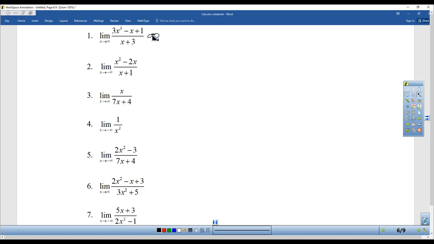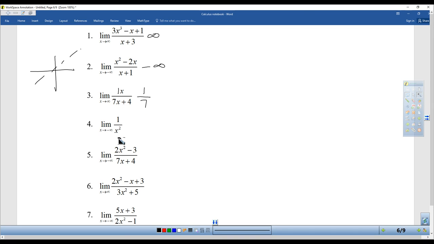Oblique asymptote, so it's infinity. Oblique asymptote, but we're going to negative infinity, negative infinity. Asymptote is 0. Oh no, they're both x. 1/7, 1/7.